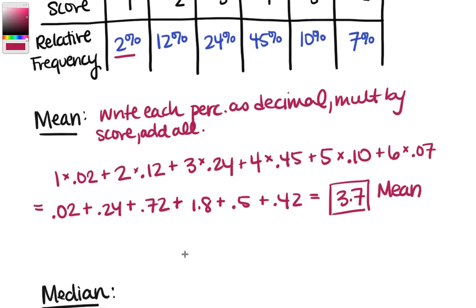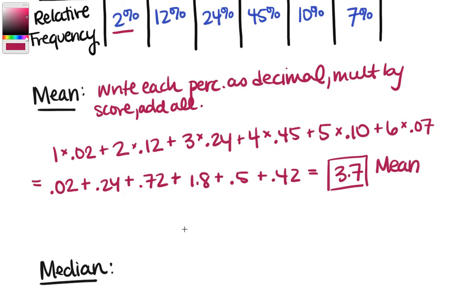Okay, now we want to go ahead and compute the median. And what we're going to do to compute the median, remember, median is the 50th percentile, or the middle point of the data. So what we're going to do is start from the bottom, or from 0, and then we're going to add percentages until we get above 50%.